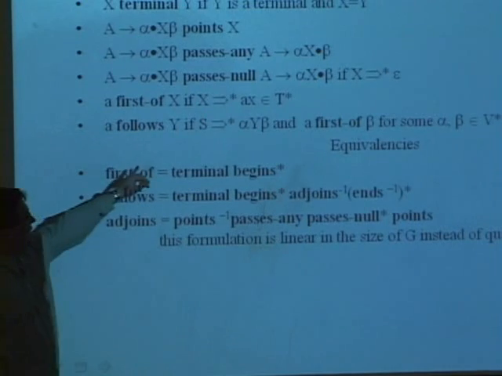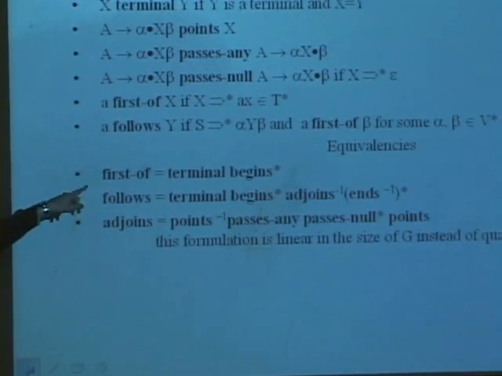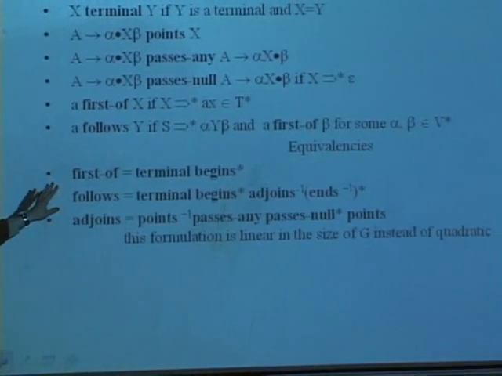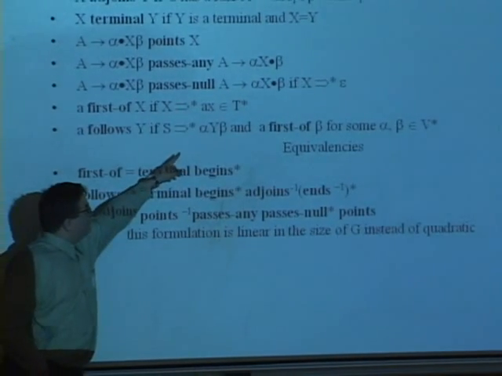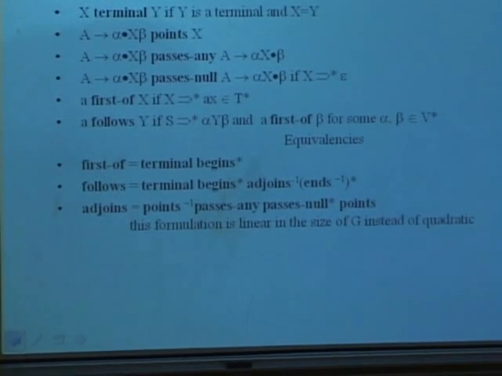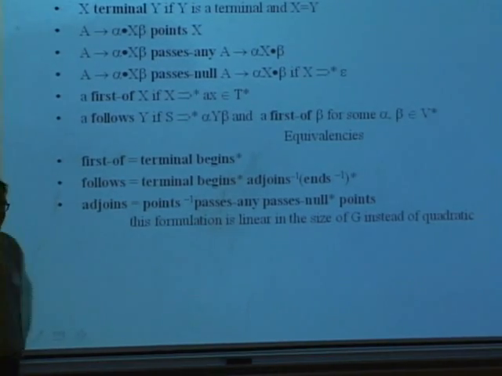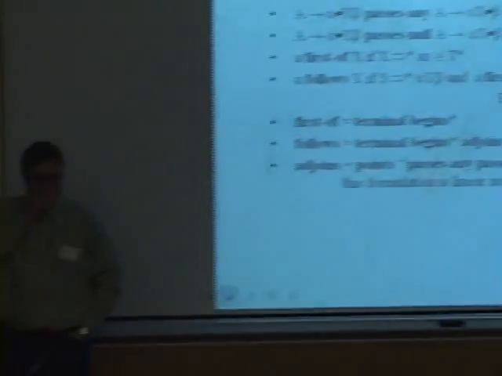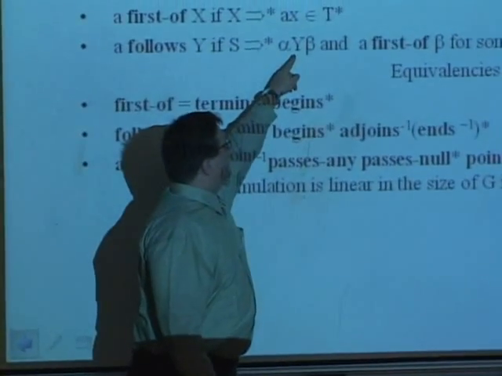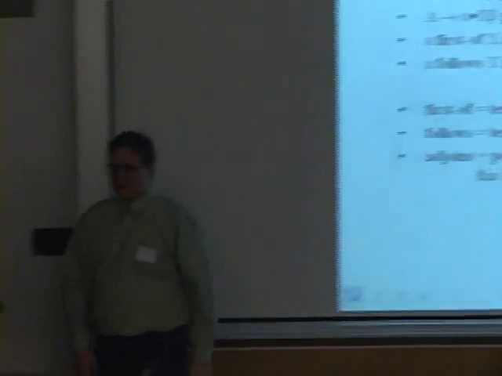A follows y if s, the start symbol, reduces to a word in the vocabulary star, not necessarily a terminal word, alpha y beta, and a first of beta for some alpha, beta in V star. Right. In other words, we have some production where y appears in the word and then it's followed by a eventually in some terminal instantiation.